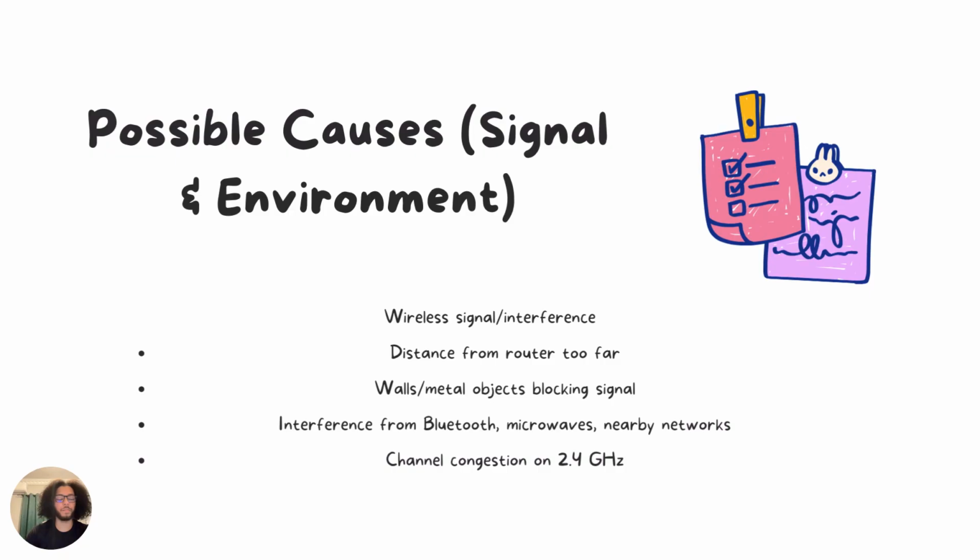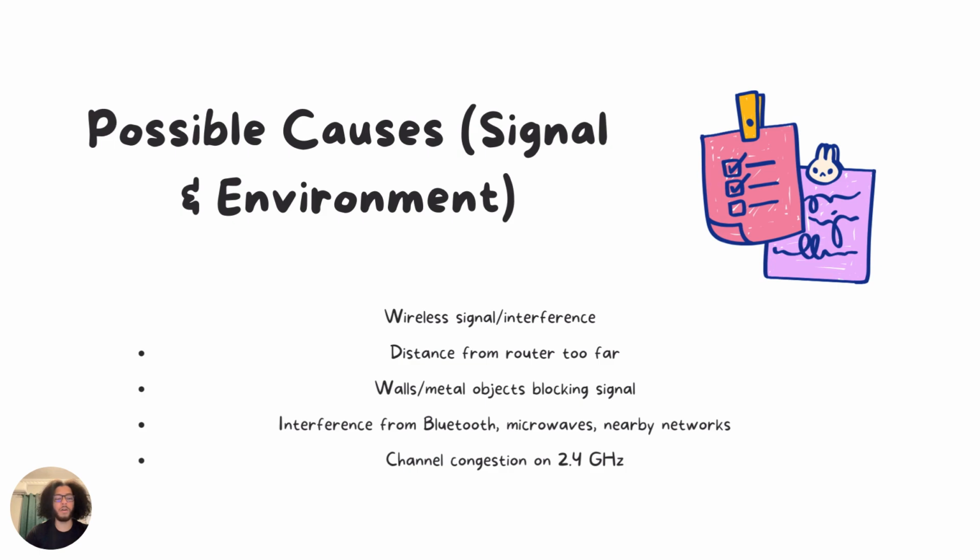The third slide is the possible cause: signal and environment. One possible cause is wireless signal instability. If the computer is far from the router, or walls and metal objects block the signal, drops become more frequent.